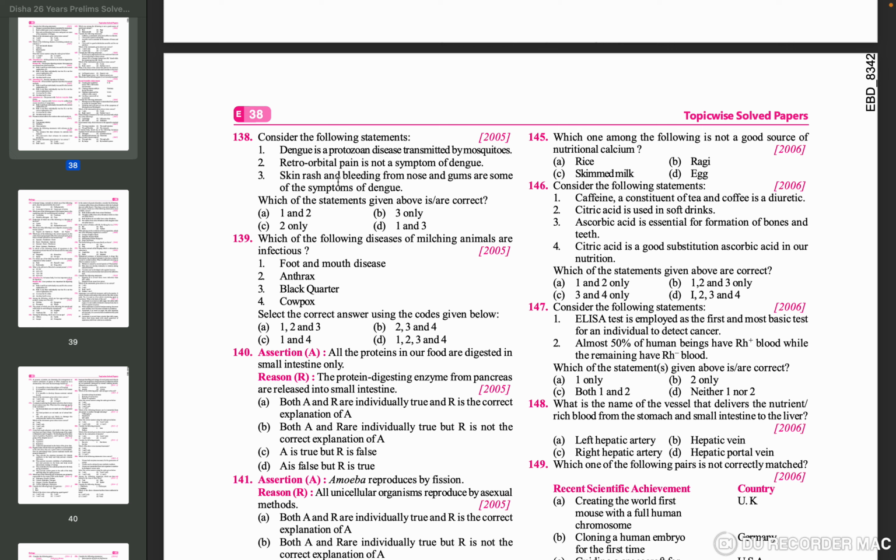So the topics we have learned: one is there are 4 types of diseases that are similar to dengue, that is dengue, yellow fever, chikungunya and Zika.